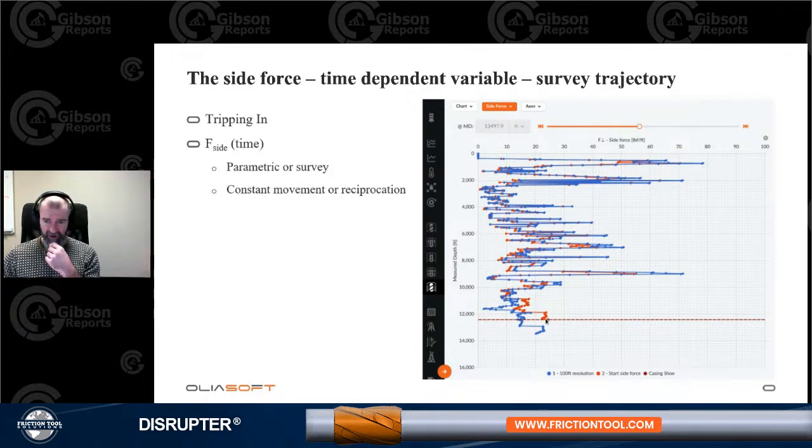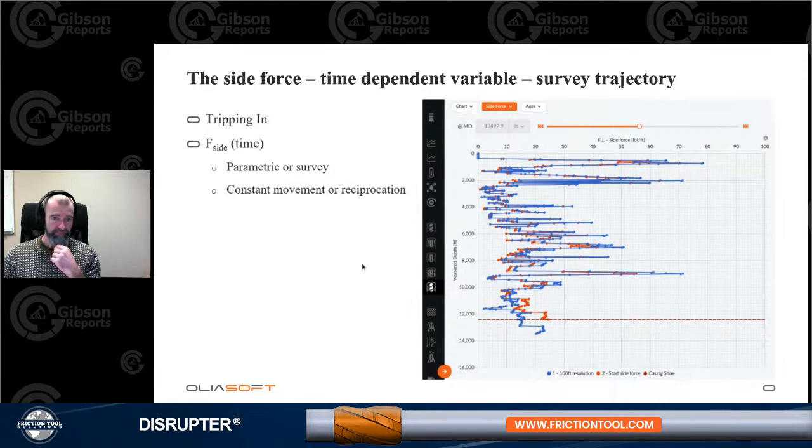So the red dots here represent the side forces when the drill string has reached the casing shoe, while the blue one shows the side forces when the drill string is located at 13,500 feet.